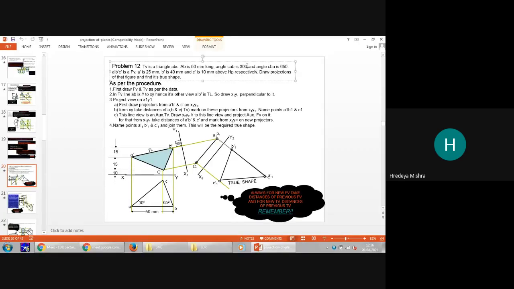This is the angle CAB, that is 30 degrees, and angle CBA, that is 65 degrees. Okay, the consideration is this, I correct, that is the degree here.